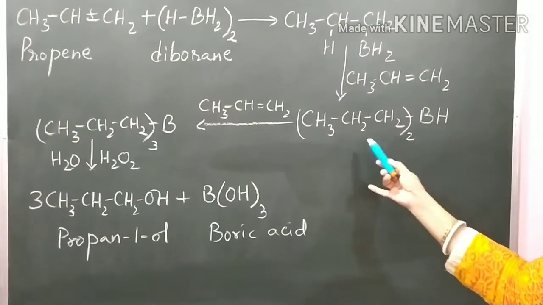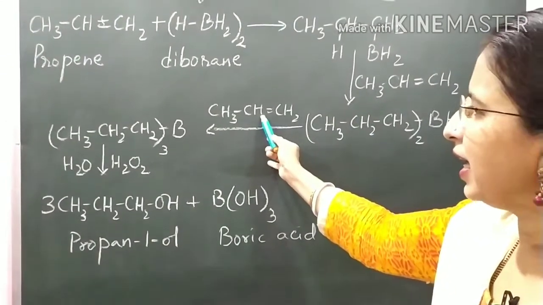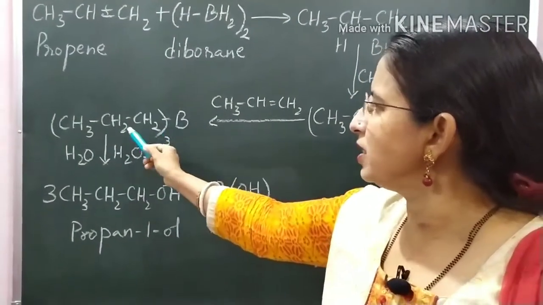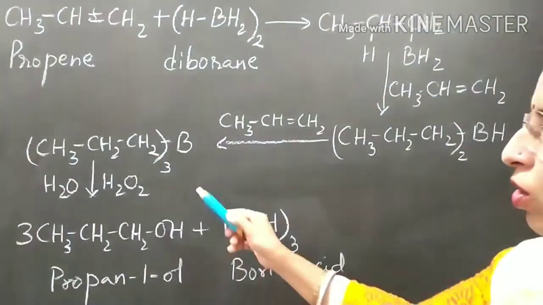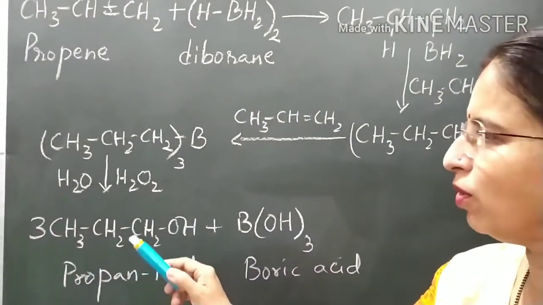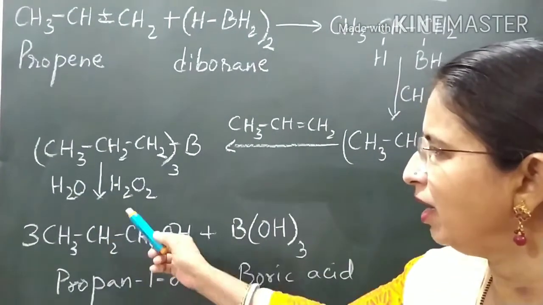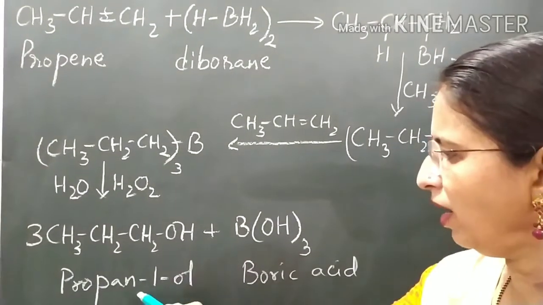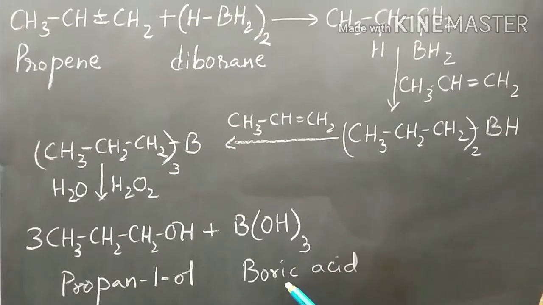Again, when one more molecule of propene is reacted with this substituted product, we get another substituted product, where hydrogen is substituted by the CH3, CH2, CH2 group. To this final substituted product, when water is added in the presence of hydrogen peroxide, we get propan-1-ol, or propanol, and boric acid is obtained.